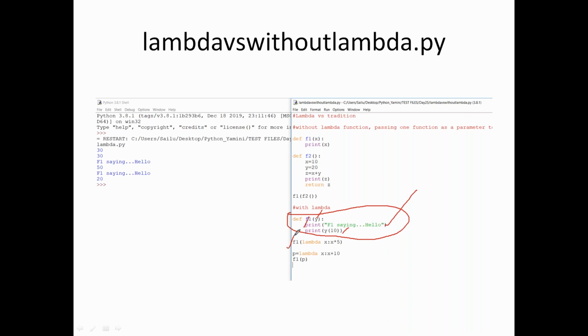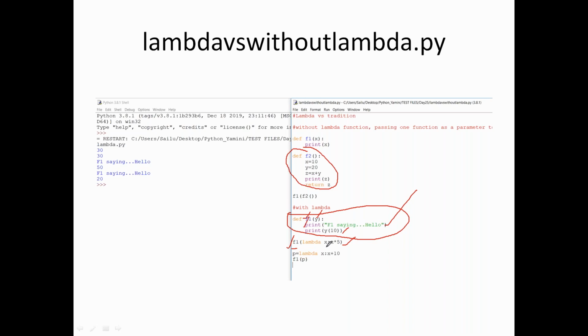Now I'm coming outside the function, where f1 is my function. In brackets I'm passing lambda x colon x multiply 5. Instead of writing the full function syntax, I'm writing it in a single line. Lambda is nothing but a function without a name.